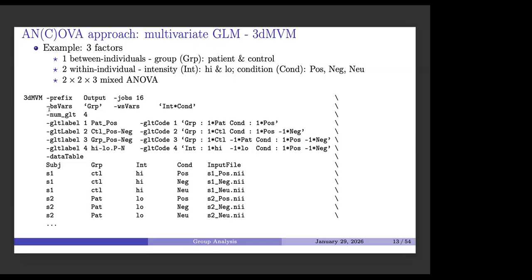In the second row, we specify the variable types. Remember I have three factors. So we use -bsVars for between-subject variables; we only have one, group. Then -wsVars for within-subject variables, and we have two: intensity and condition. Notice that we use a star to code the two variables.